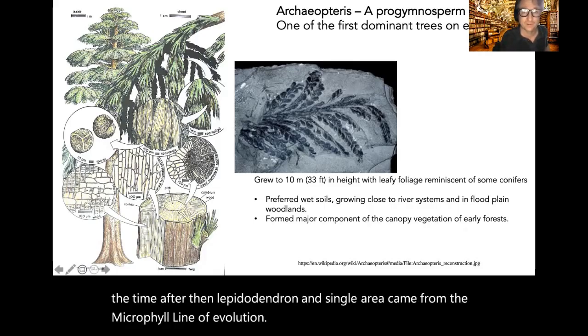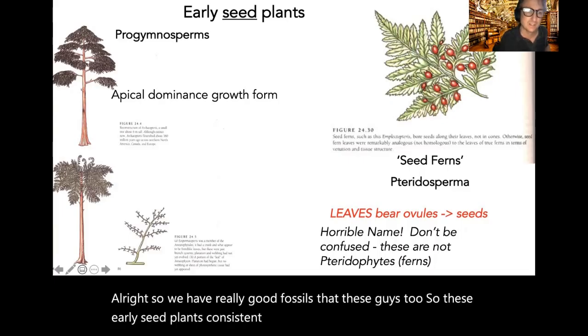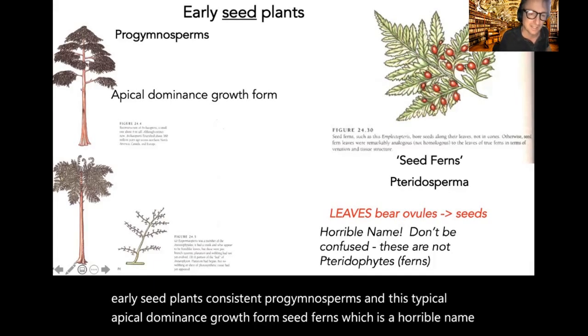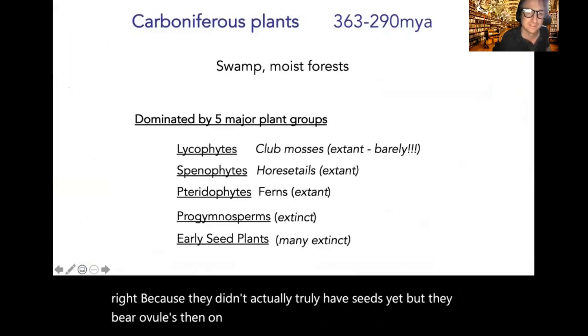We have really good fossils of these too. These early seed plants consisted of pro-Gymnosperms, with this typical apical dominance growth form, and seed ferns, which is a horrible name because they didn't actually truly have seeds yet, but they bear ovules on their leaves.